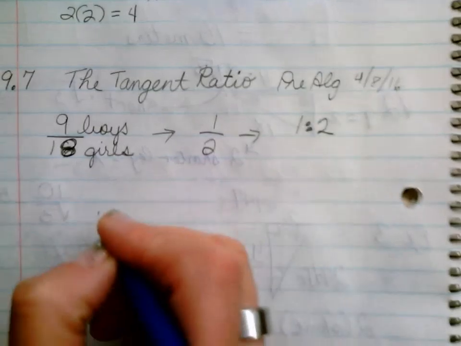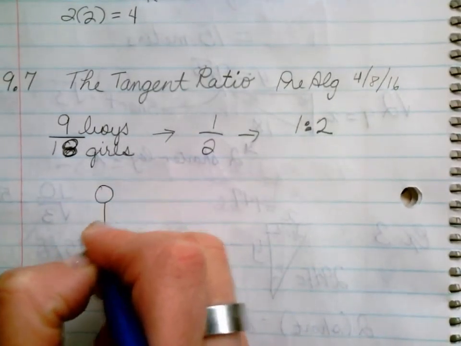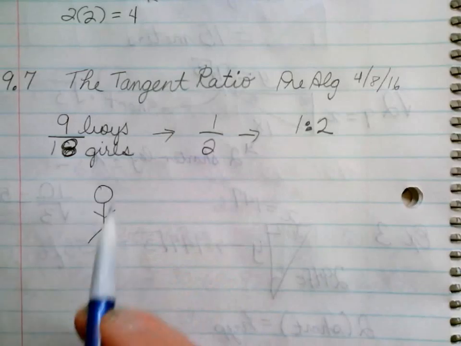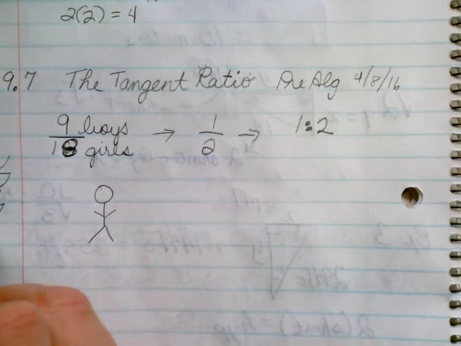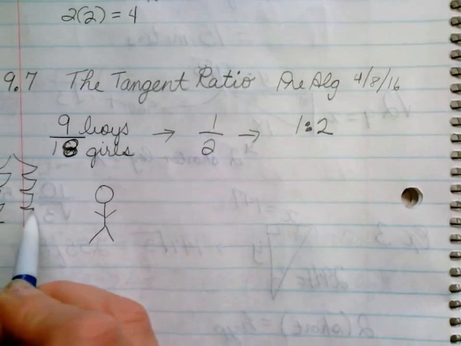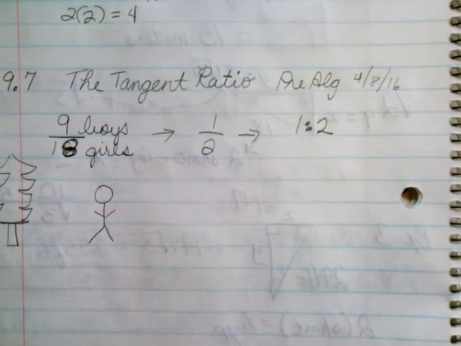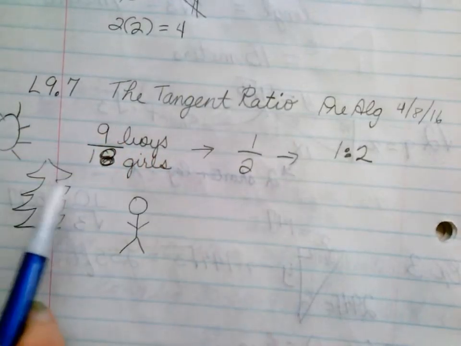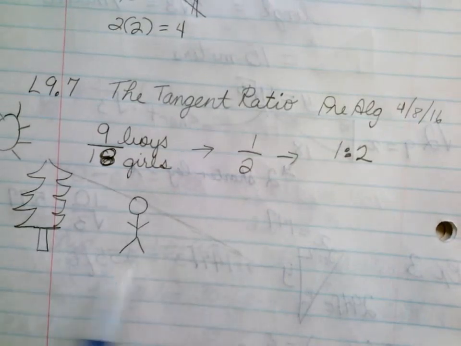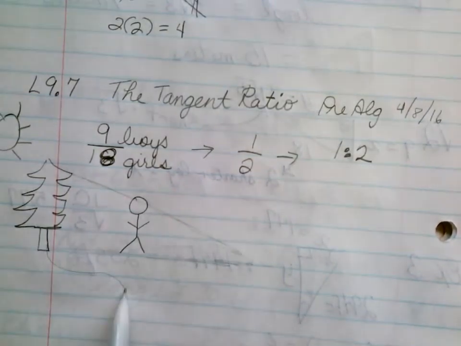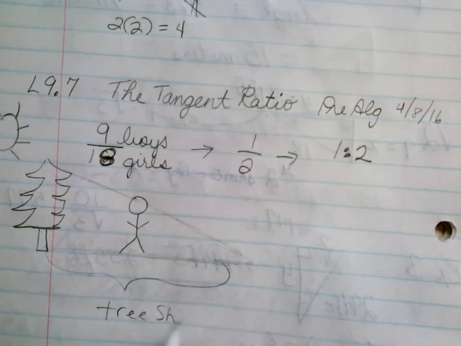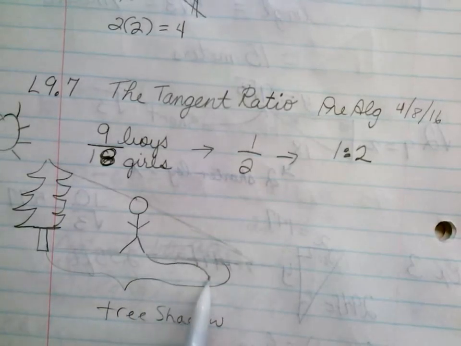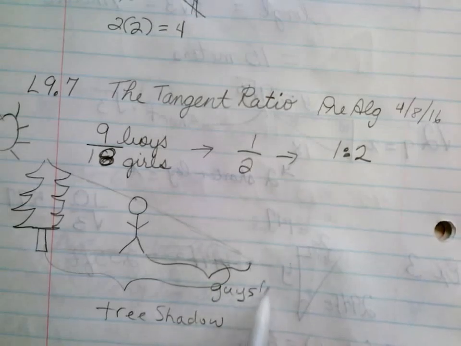Do you guys remember that we had a guy and we had a tree, and if the sun cast a shadow on the tree, it created this length of a shadow, and the same, again, sun's still in the same spot, from here to here would be the guy's shadow.